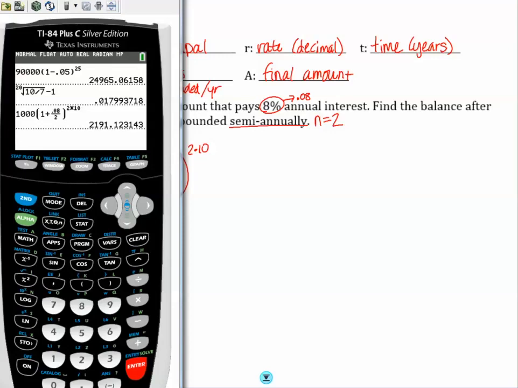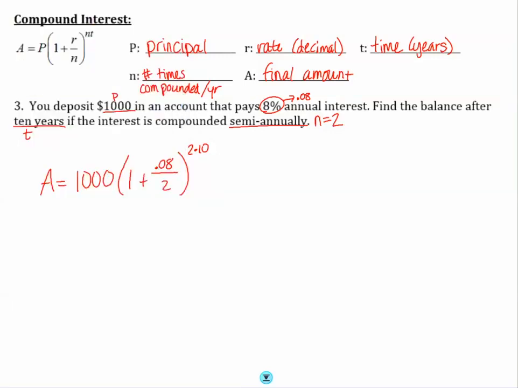So I would end up with $2,191.12. And don't forget to put your dollar sign. Let's look at the next example.